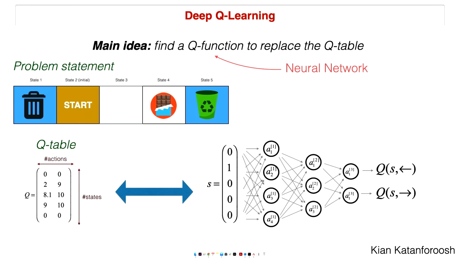If you pass state 2 in this Q function with multiple layers, it will give you two outputs. One output corresponds to Q of S, action right, and the other one Q of S, action left, because those are the two actions. If we had more actions to take, we would just increase the output layer, and we might have many more neurons in the output layer.